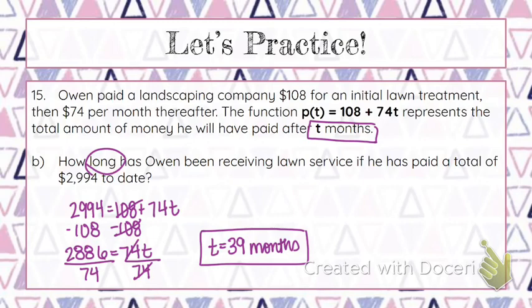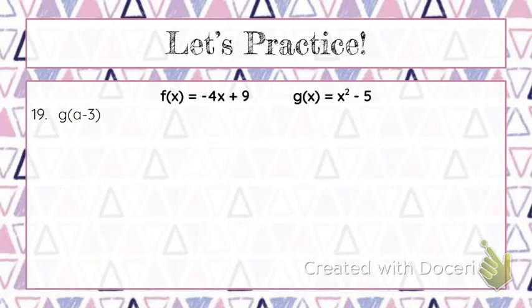All right. Number 19 is the last problem that we're going to do together on this one. And I'm doing it because I feel like you guys might need a reminder about binomials. So binomials are like expressions with two parts. So this one has a minus 3. That's two pieces.